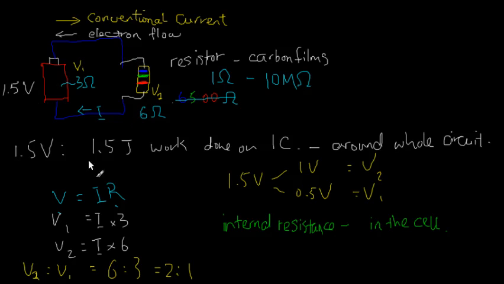The 1.5 volts supplies the work done for both the resistor outside of the battery as well as the resistor inside the battery. So if I continue to use the term voltage for the 1.5 volts of the battery, that's going to be confusing, because clearly when I connect the battery to this 6 ohm resistor, I don't get 1.5 volts. All I got was the 1 volt.